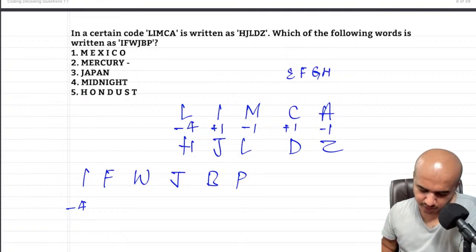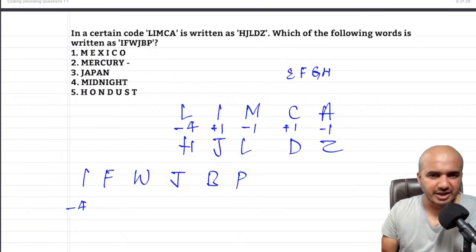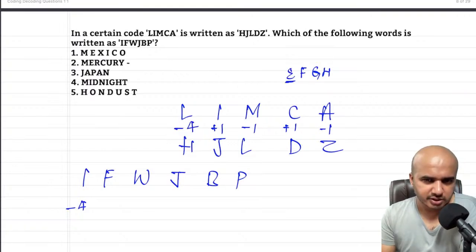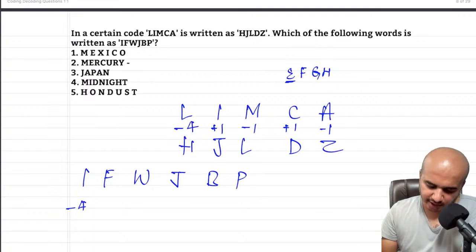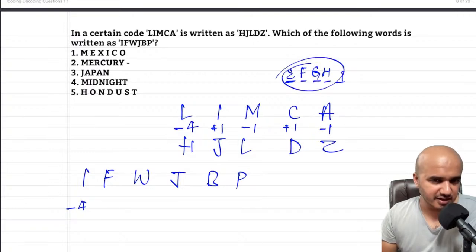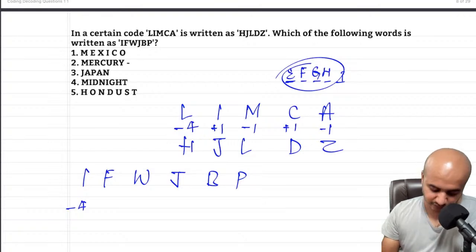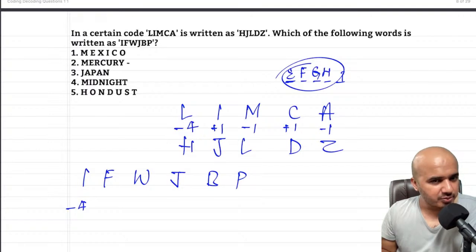H would be the E would be the actual letter, no? If you have to minus 4 from that. H, E, F, G, H, E, F, G, H, then I. Minus 4 obviously is not working. Let me just change the sign and see if that works. Sometimes the same sign might not work. Instead of minus 4, what I will do is I will add plus 4. If I have to add plus 4, JKLM.